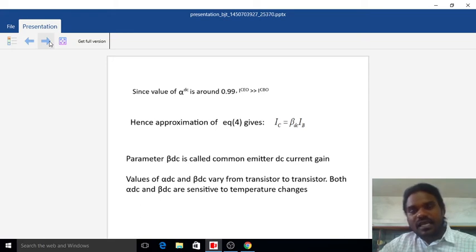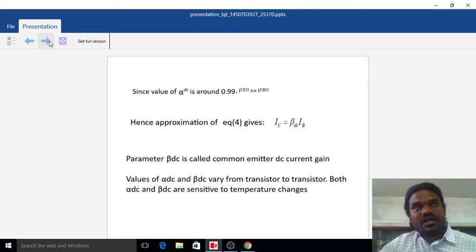If the emitter is made common for the collector and base, that is called common emitter configuration. If the base is made common for the emitter and collector, that is called common base configuration. If the collector is made common for the emitter and base, that is named common collector configuration.